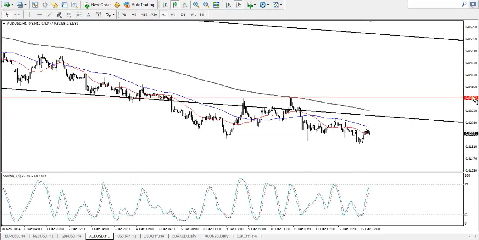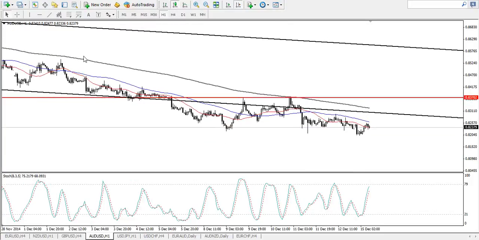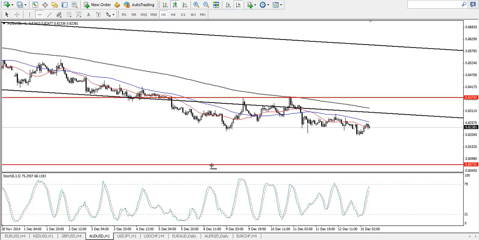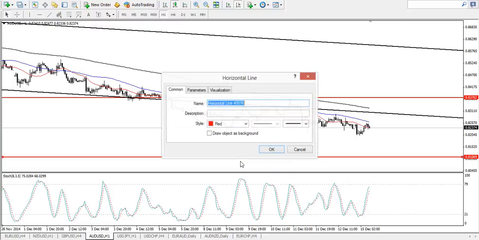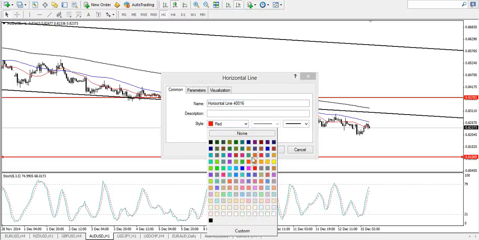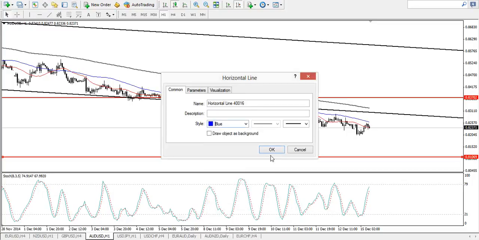One thing to take note of is that price has yet to touch the final exhaustion level at the price of 0.8105. This is the level measured by the Fibonacci expansion, the final exhaustion level of 161.8%.